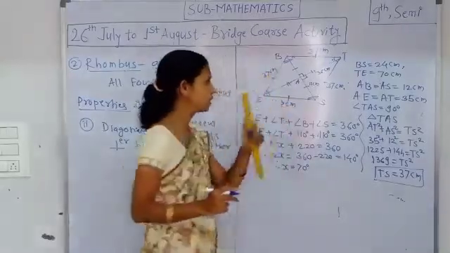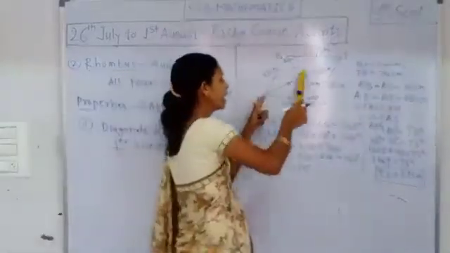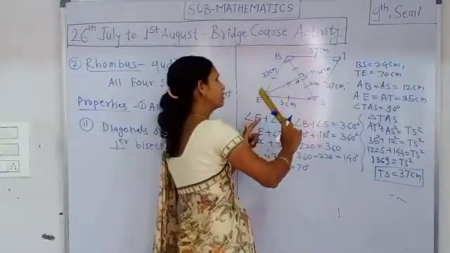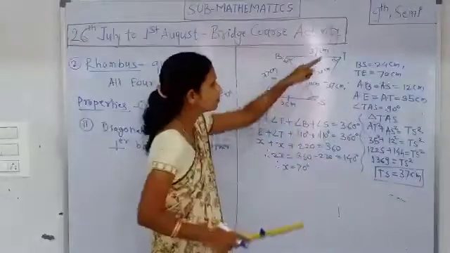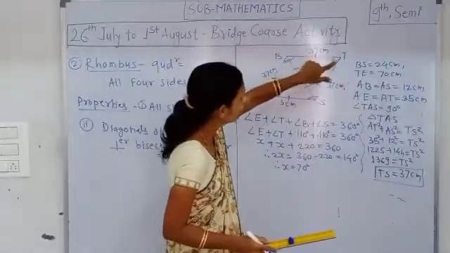As well as the diagonals bisect the opposite angles. That means diagonals are bisectors of opposite angles.